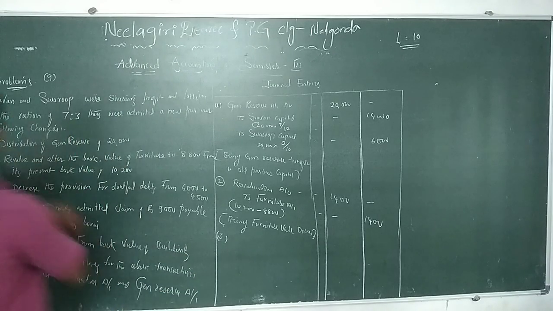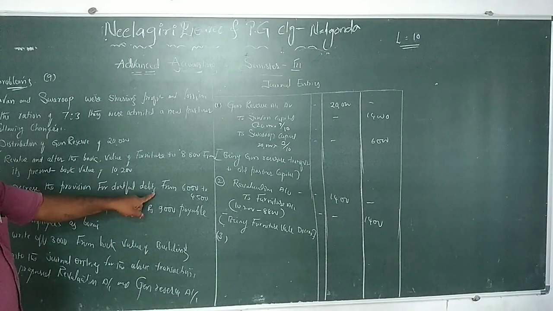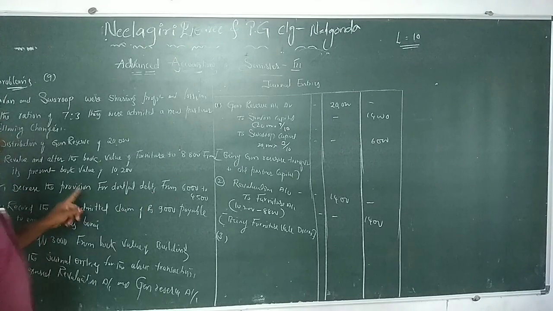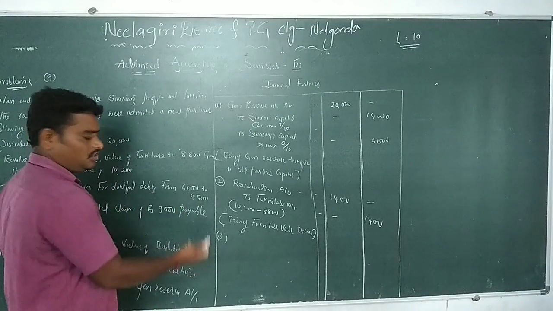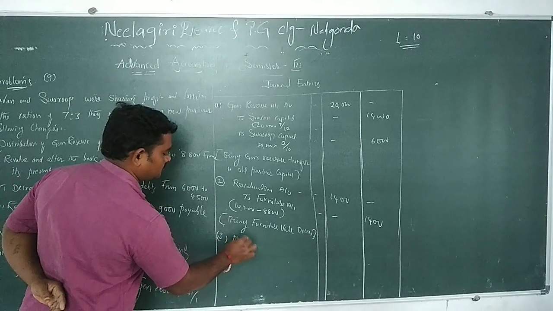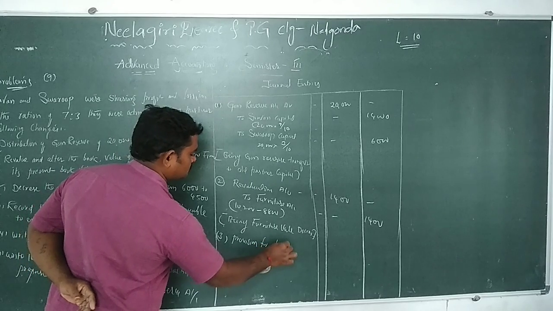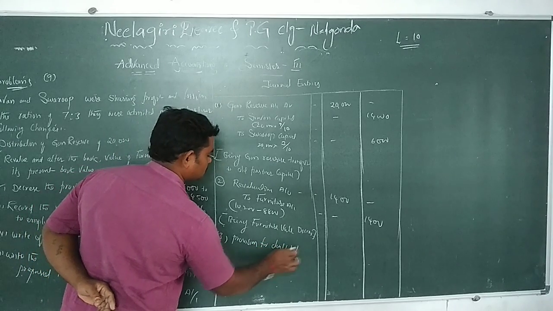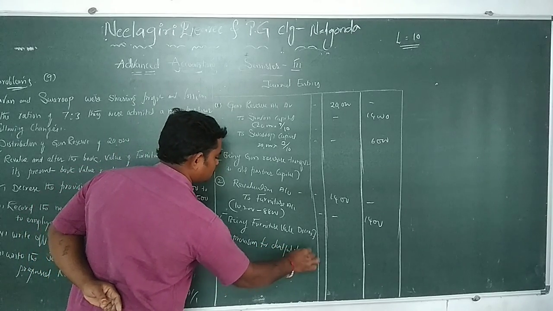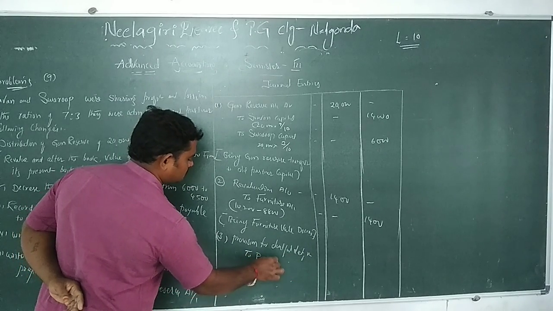Third entry. Decrease the provision for doubtful debts; the liability decreases. What is the journal entry? Provision for doubtful debts account debit to revaluation account.